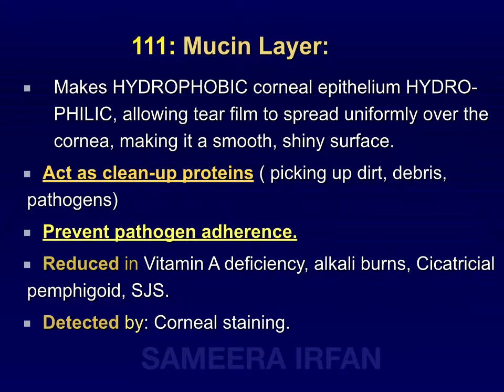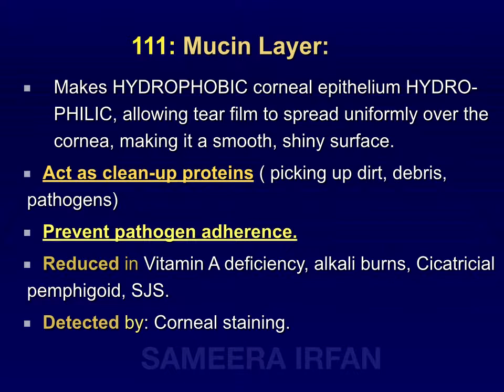They prevent the adherence of pathogens onto the cornea. If the viruses or the bacteria cannot attach to the corneal epithelium by virtue of the tear film, they will not gain entry into the cornea and they will be unable to cause disease.